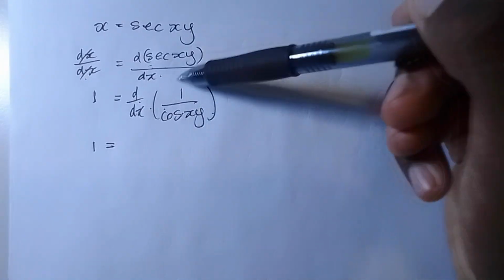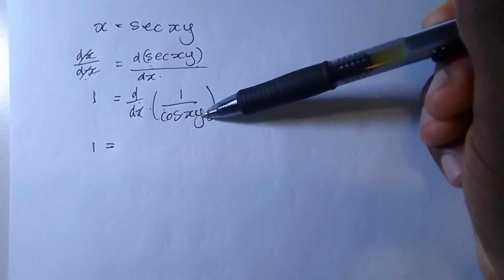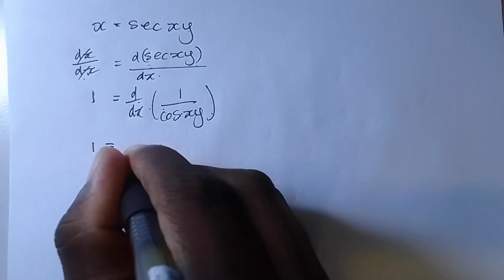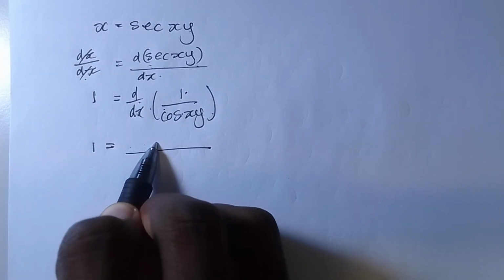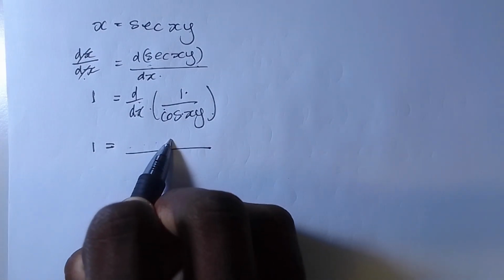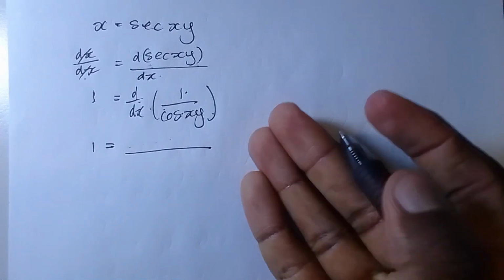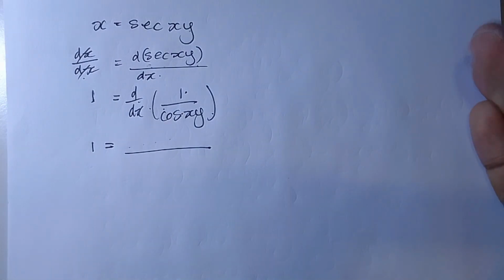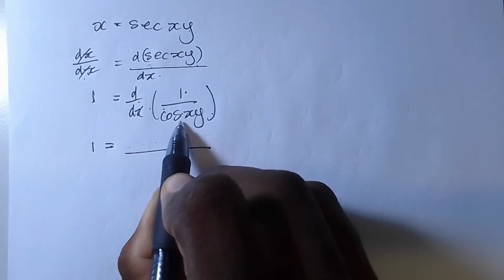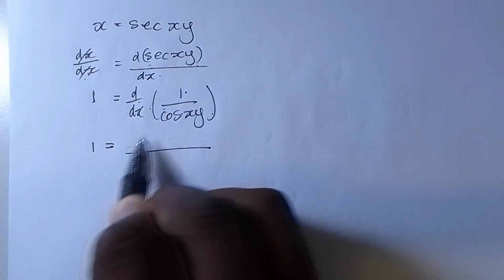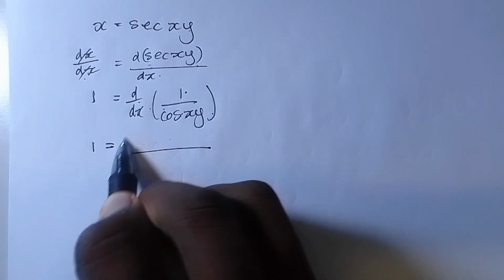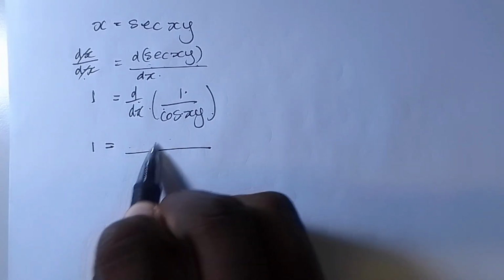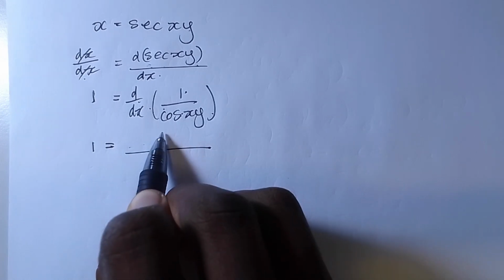Well, the quotient rule says you take the bottom one and multiply it with the derivative of the top. So you would have cos xy times the derivative of 1. But we know that the derivative of any constant is 0, so this whole term is going to be 0. Please watch the video on the quotient rule to understand this, because if you don't know the quotient rule, you won't understand this part.